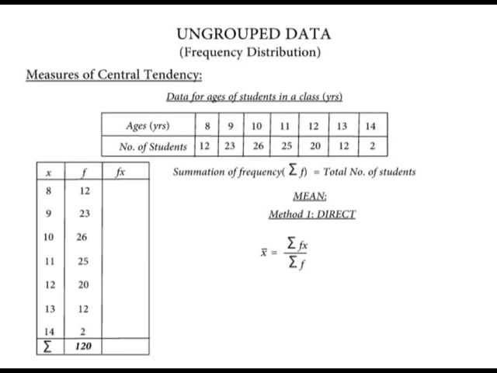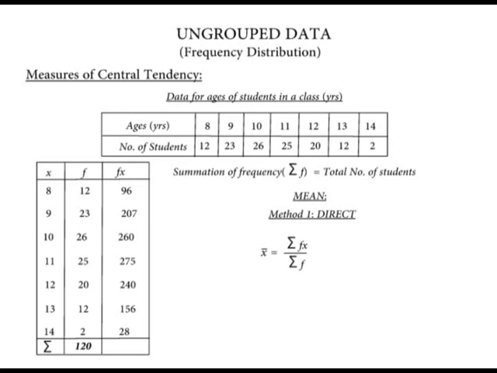To get fx, we have 8 times 12 will give us 96. 9 times 23 is 207. 10 times 26 is 260. If you do the same for the rest, you'll have 275, 240, 156, and 28.